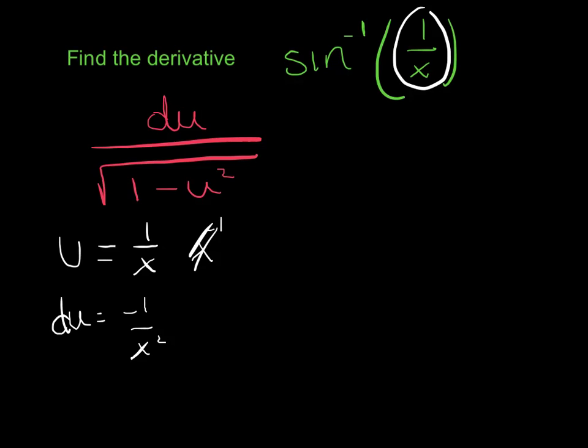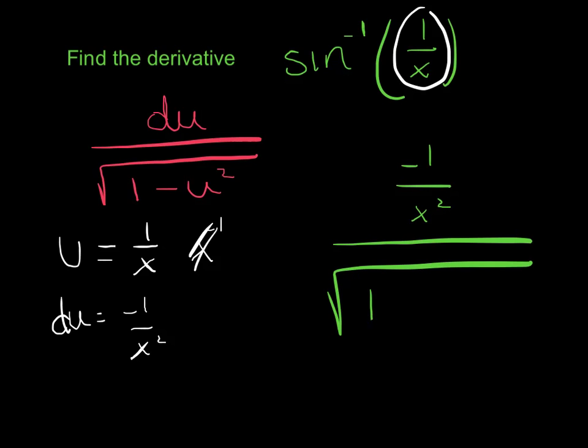So go ahead, and this cleanup is a little goofier, so I guess I'll run through it with you. I'm going to put negative 1 over x squared divided by the square root of 1 minus my 1 over x squared. Now, you might be thinking that's pretty straightforward, and if it was a free response question, sure, that would be full credit because we don't have to clean up.